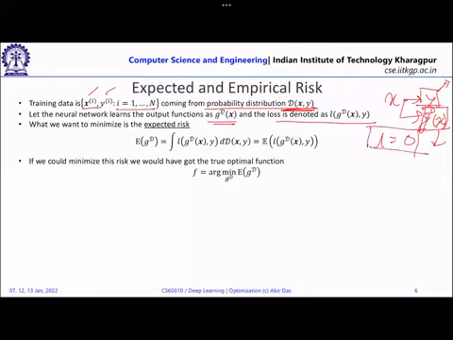Somebody has a question. Can you explain once again what role D plays in calculating g(x)? In terms of what? What role does the D function play in calculating g(x)? It is not a D function. D is just a probability distribution.